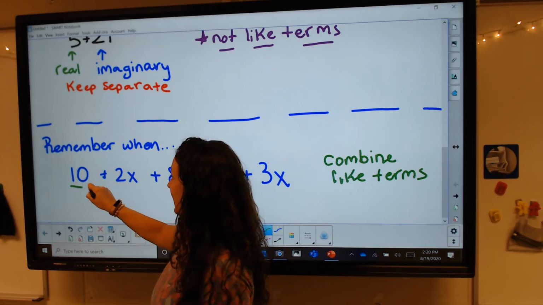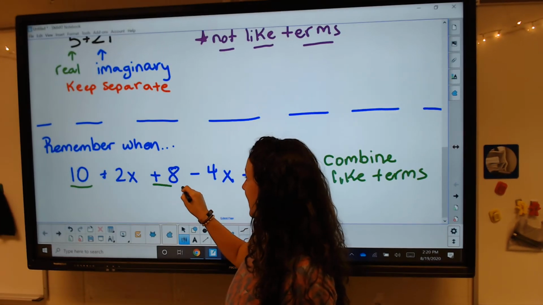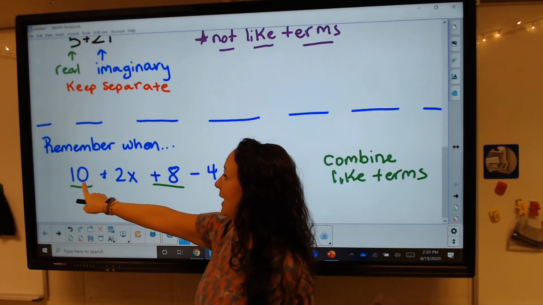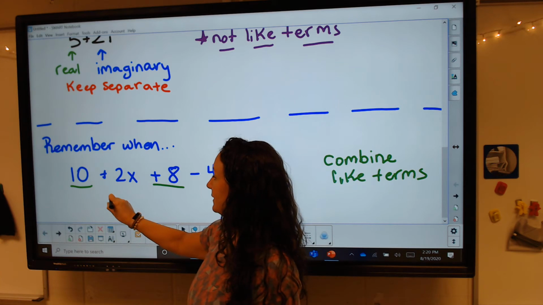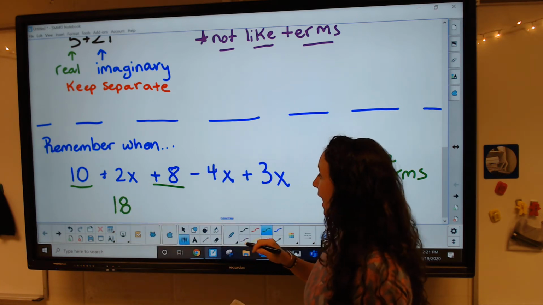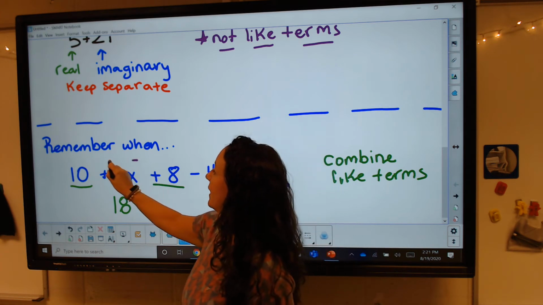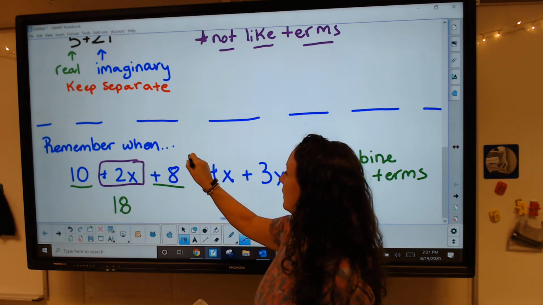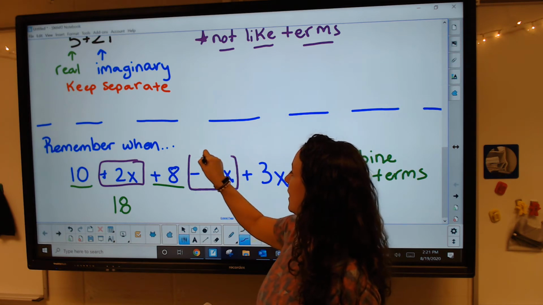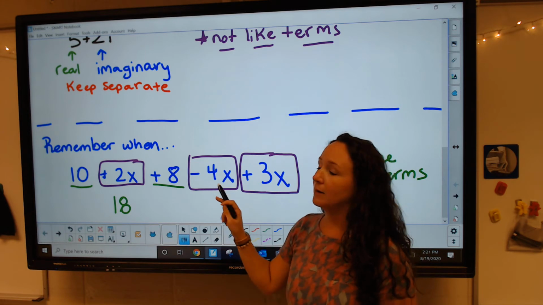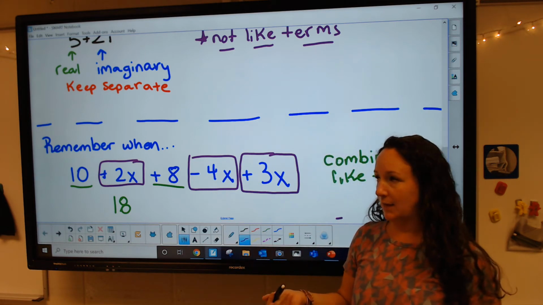All right, so like terms. I've got 10 plus 8. Those are like terms because they don't have a variable on them. I can add 10 plus 8 to give me 18. And then I have 2x take away 4x plus 3x. I can combine all of those because they have the same variable.